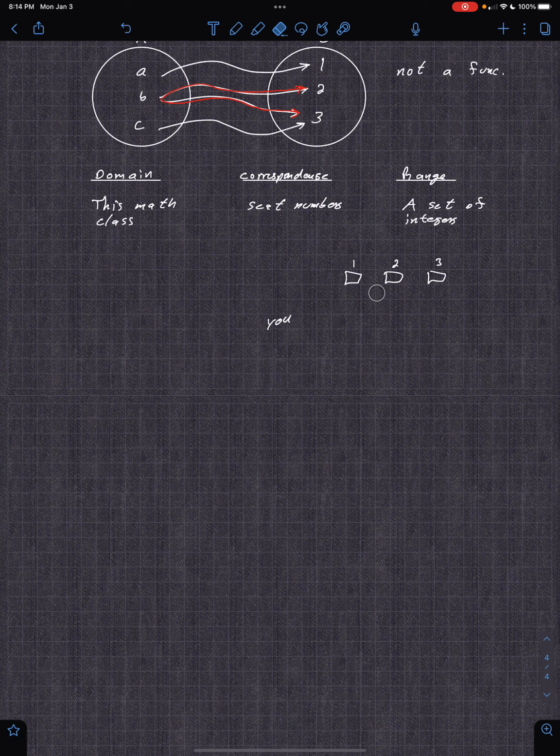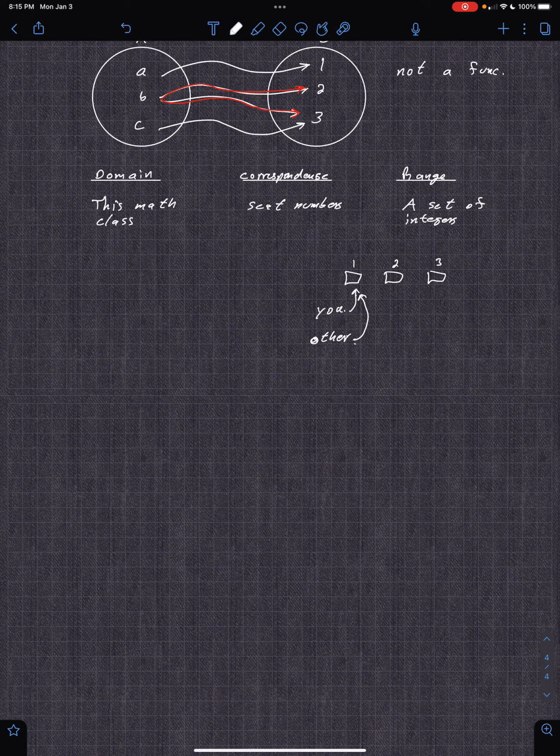So if you're using more than one desk, then it would not be a function. Now, if you have two people, you and another person, and you're corresponding to that desk, if this person is corresponding to the same desk, that would still be a function if you have two people using the same desk, because you're corresponding to just one thing.